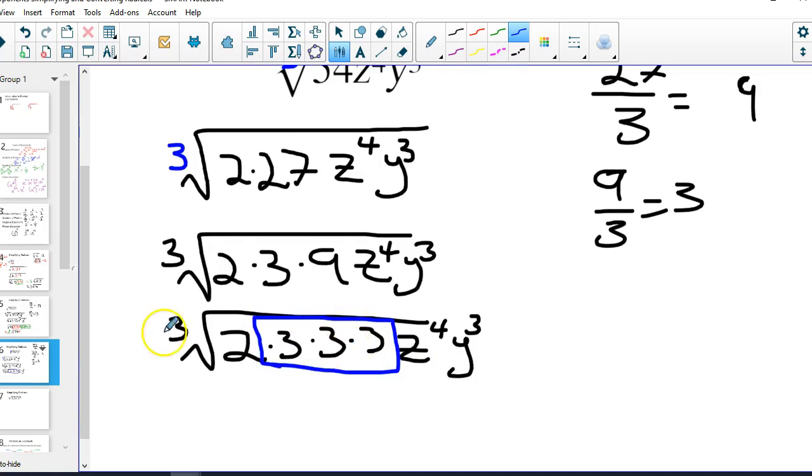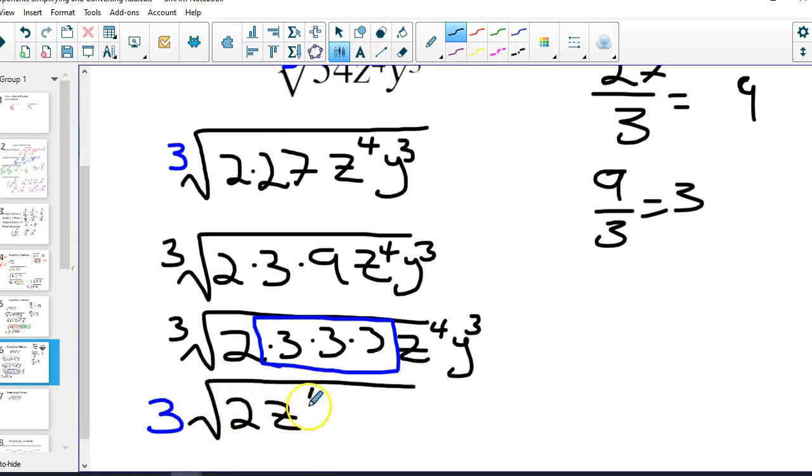That's a set of 3. I can take that outside. The cubic root means what number times itself 3 times is equal to what's on the inside. In this case, 3 times itself 3 times is our 27, so we can take that out. So take out our 3. 2 stays inside. Z to the 4th and y cubed are still in there. This is all a cubic root.